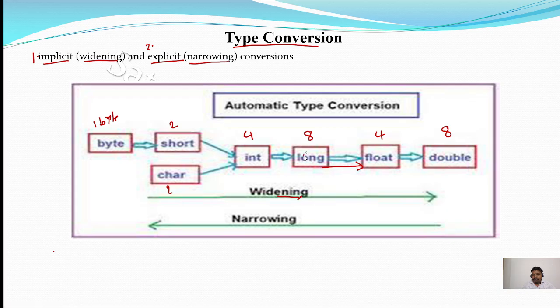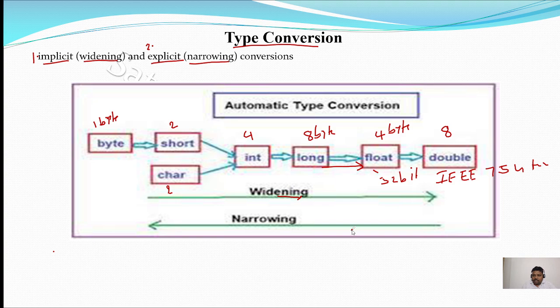Even though the long data type is 8 bytes and the float data type is 4 bytes, in that case also it can be converted. Here a 32-bit float is in IEEE 754 format.